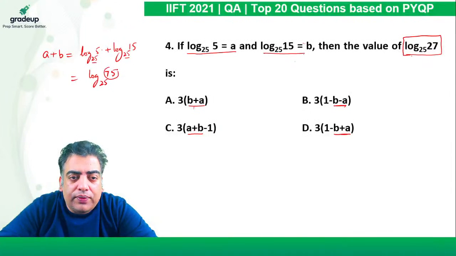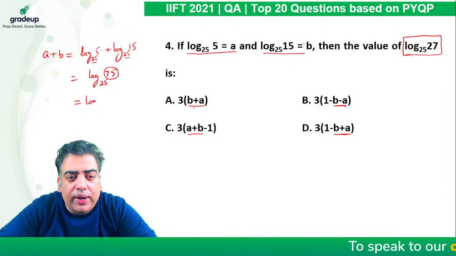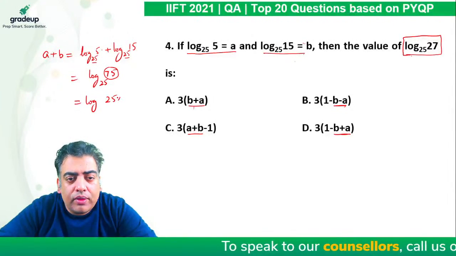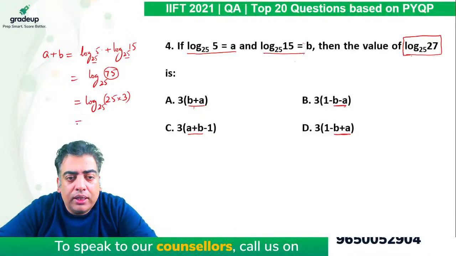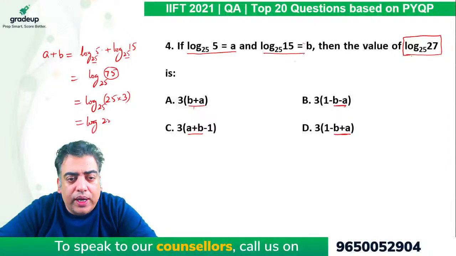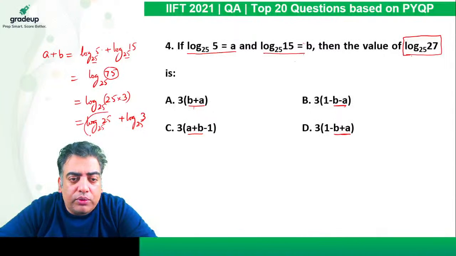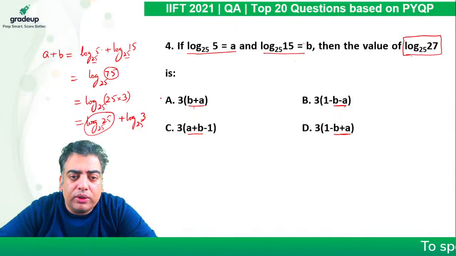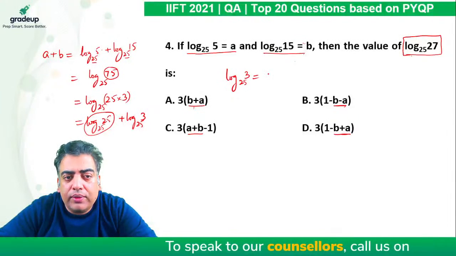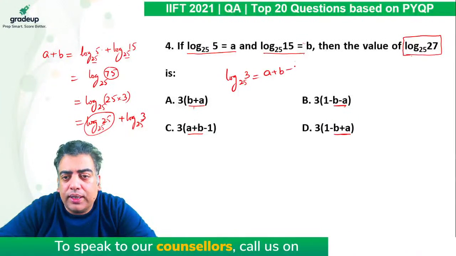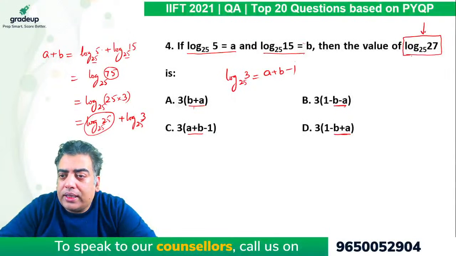Now this 75 can be rewritten as log 25 into 3 to the base 25, and if I split it, it is equivalent to log 25 to the base 25 plus log 3 to the base 25. And log 25 to the base 25 is 1, take it to the other side, it gives me log 3 to the base 25 equals a plus b minus 1. Log 27 is nothing but 3 times this value.